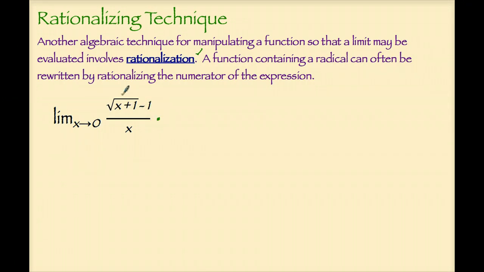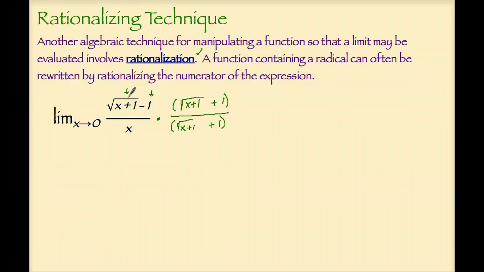Remember, the conjugate is the same two terms but the opposite sign. In foiling this numerator times its conjugate, we're going to see some really wonderful things happen. So we're going to multiply the top by the square root of x plus 1 plus 1, and the bottom also by that same quantity, the square root of x plus 1 plus 1.